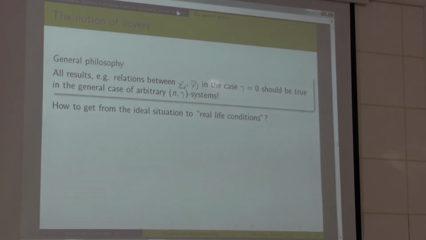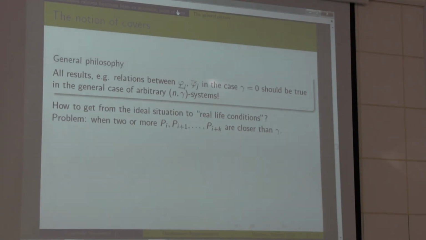So we want to get from this ideal situation to so-called real-life conditions. How to do this? Well, the problem is that it becomes difficult when two or more of the p's of I are very close, namely closer than our parameter gamma.